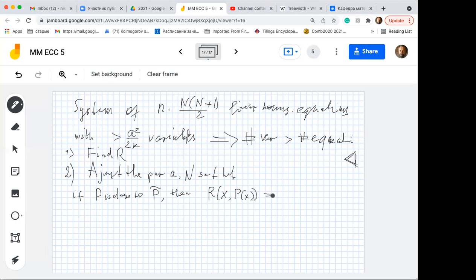And that will follow from the fact that the degree of this polynomial is small. And on the other hand, it has many roots counted with multiplicities.